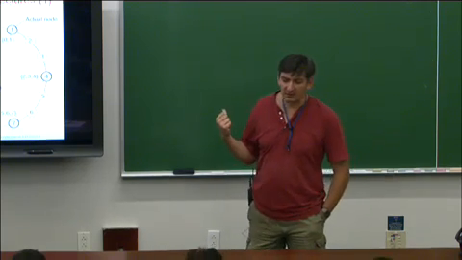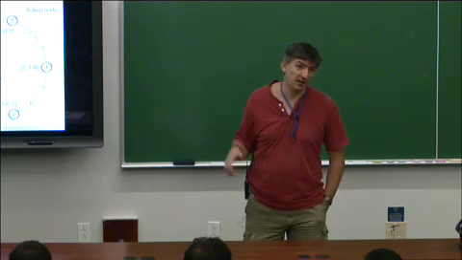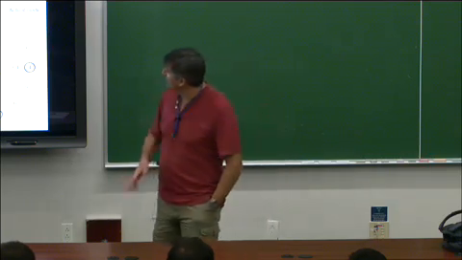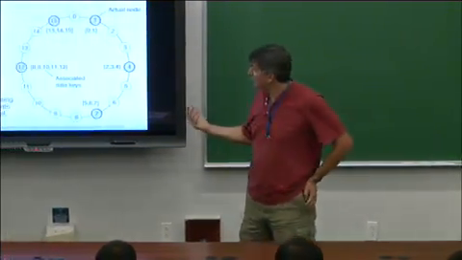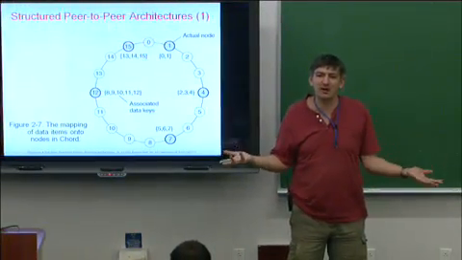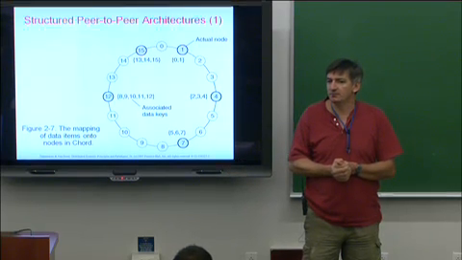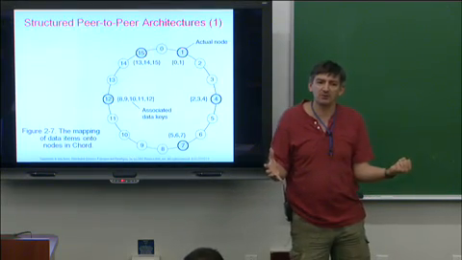This was really the darling research topic in distributed systems for a while. So people came up with a number of interesting solutions for this. One of them is this idea of a structured peer-to-peer network. In a peer-to-peer network, you want to know about nodes, but not about all the nodes. You simply can't keep track of all the nodes in the system. If you have a million nodes in the system, accurately keeping track of a million nodes is essentially an impossible task.